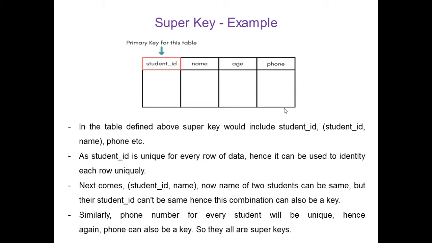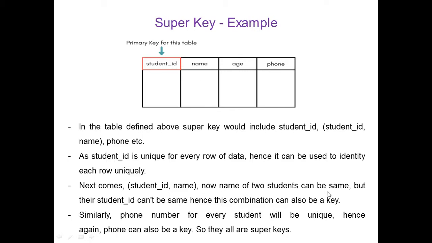See, this is the example. Now in this table, the super key can be the student ID, student ID and name, and student ID and phone. As the student ID is unique for every row of data, it can be used for unique identification. The next is student ID and name.